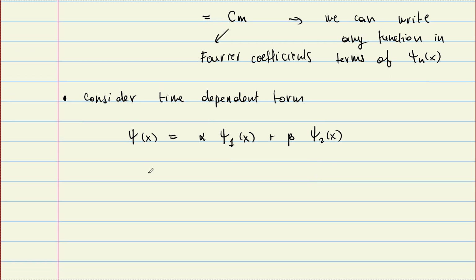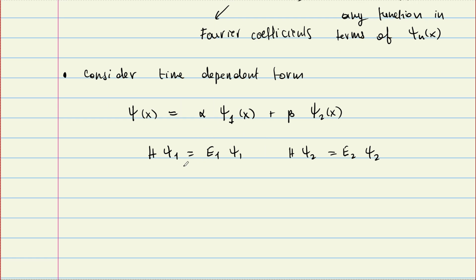And I know h psi 1 is equal to E1 psi 1, and h psi 2 is equal to E2 psi 2. I choose the function to be not an exact eigenstate, but a linear combination of two exact eigenstates.